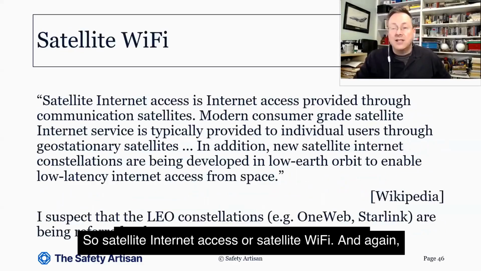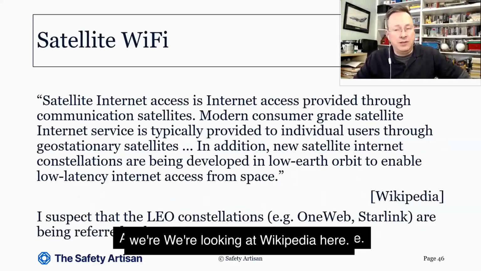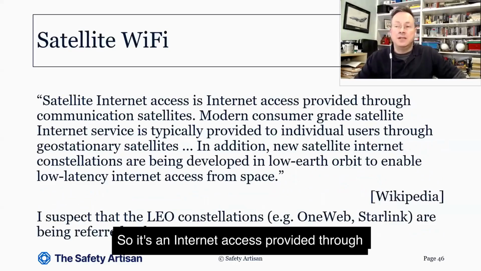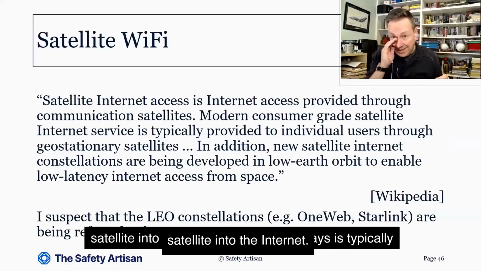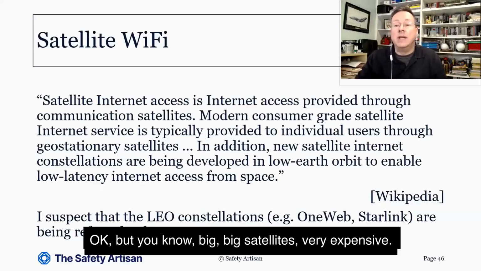So, satellite internet access or satellite Wi-Fi. And again, we're looking at Wikipedia here. It's internet access provided through communication satellites, and modern consumer grade satellite internet is available, but big satellites are very expensive.